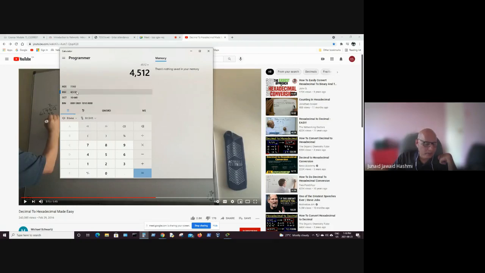In the programmer view, you can convert hex to decimal, decimal to octal. We don't use this. And decimal to binary. So 4,512 in hexadecimal is 11A0, right? And binary is this.